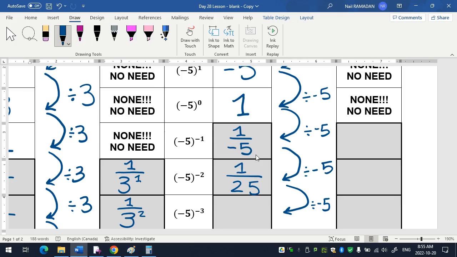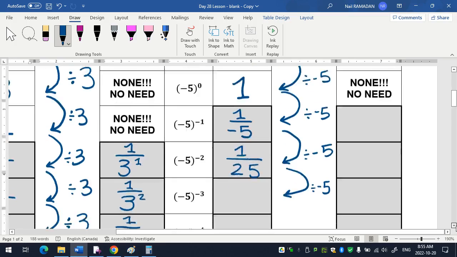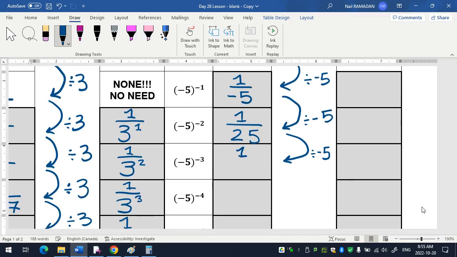All right, who would like to tell me what this one is going to end up being? 1 over negative 125. You got it. Come on, two more to go. Is it positive or negative? Everyone, is this one positive or negative?